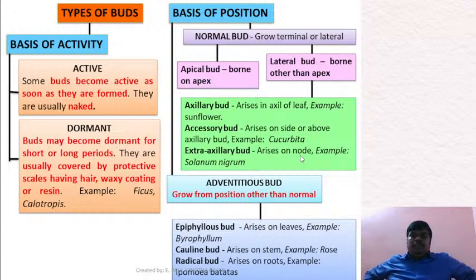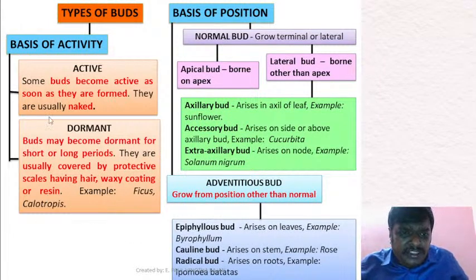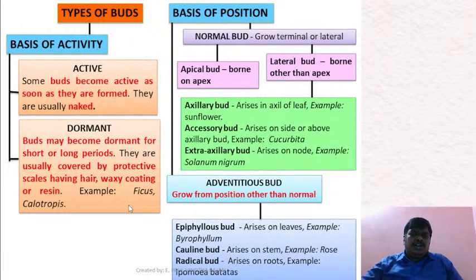Dormant bud. The bud becomes dormant. What is dormant? The term dormant means resting phase. The plant or bud will take rest for short or longer periods. That is called dormancy.